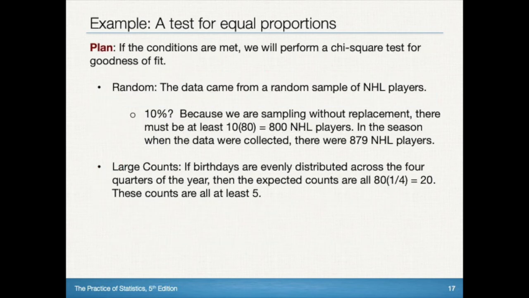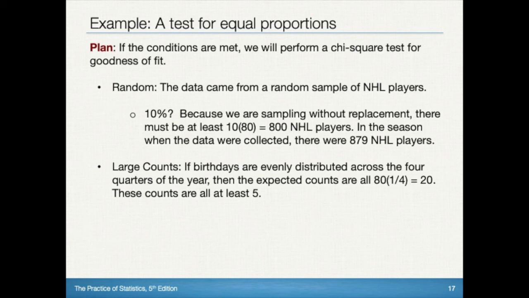So when we do the plan, we're going to check for random. We said that it was randomly sampled, which is good. The 10%, we're going to go ahead and say that 80 players sampled ends up being 800 NHL players in a population. We're pretty confident that there's at least 800 NHL players in the league, which means that we satisfy this 10% condition.